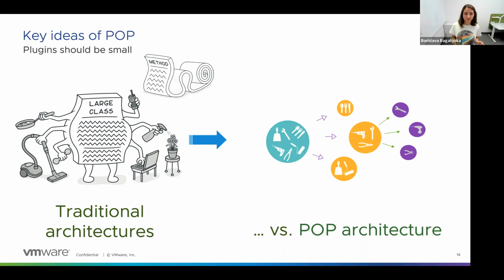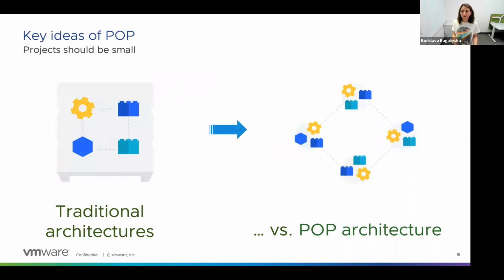So we want very small plugins, and we also want very small projects. And this might seem familiar to you, because I took the picture from a comparison of monoliths and microservices, actually. And the idea is pretty much the same. We don't want a single project, a single repository, which has multiple functionalities, which don't have almost any correlation.